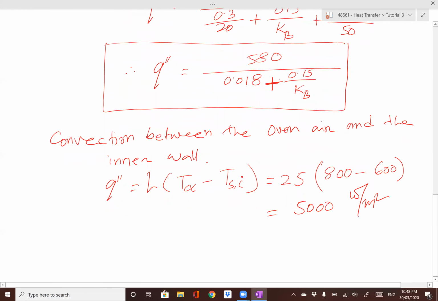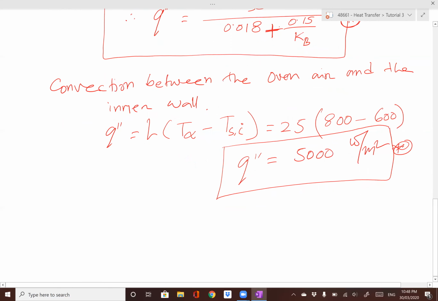So basically this heat flux will transfer through the oven air to the inner wall, then the same amount of heat will transfer to the composite wall also.